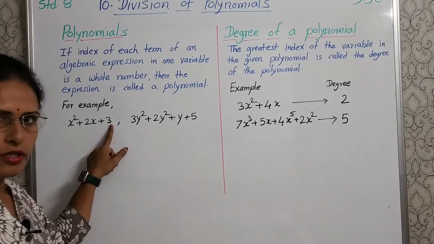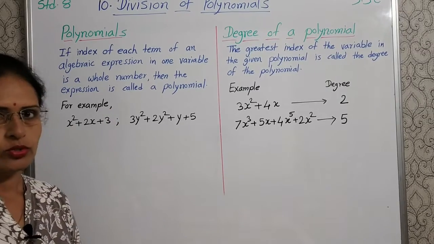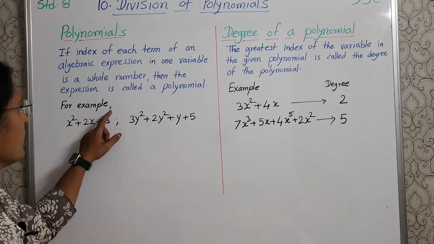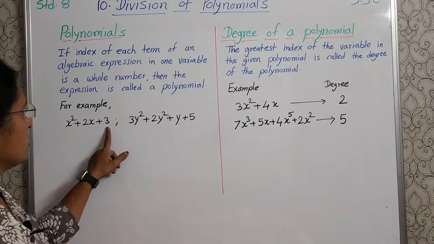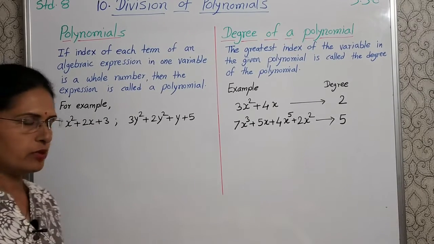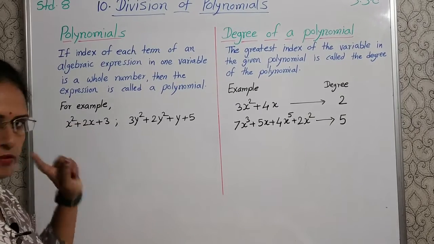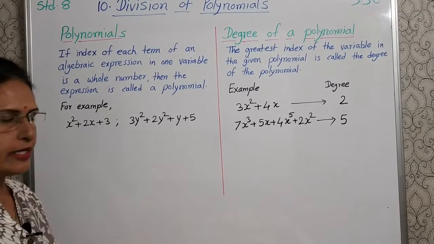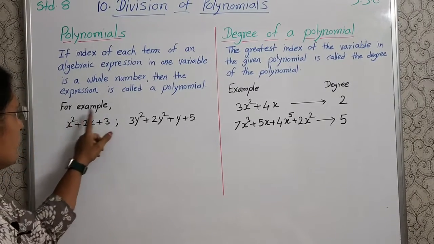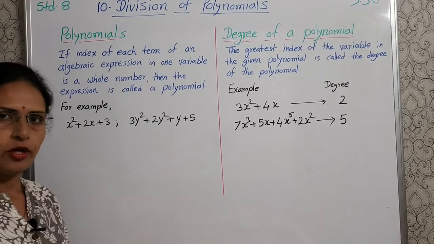There is no variable, but you can take the variable x and the index will be 0. So it is 3x raised to 0, and 0 is also a whole number. In this expression it is one variable, only x is there, so it is an algebraic expression in one variable, and for each term the index is a whole number. Therefore this algebraic expression is a polynomial.